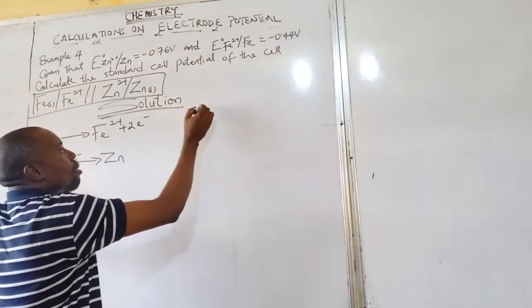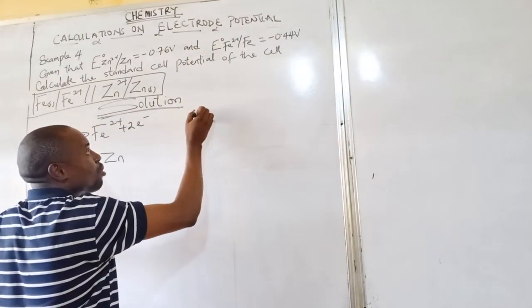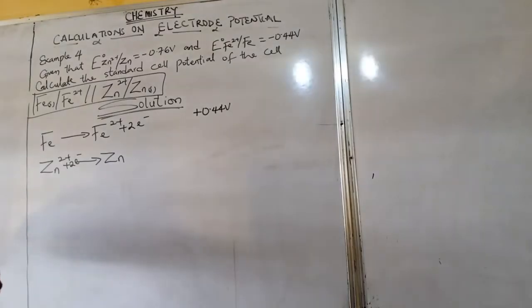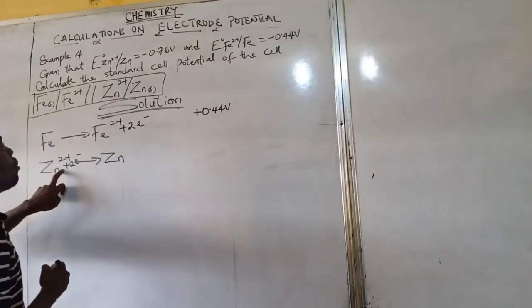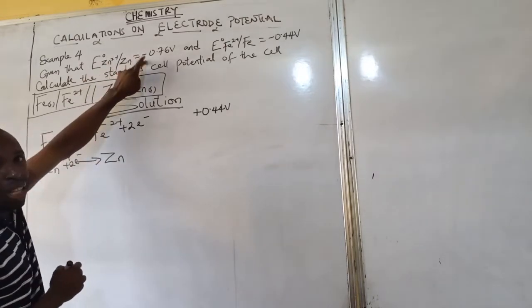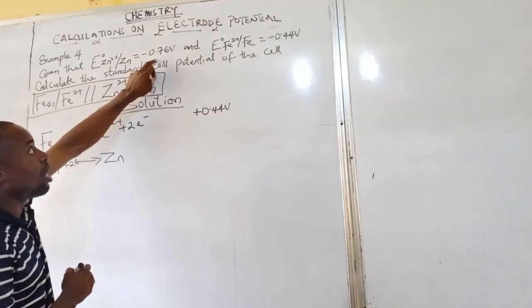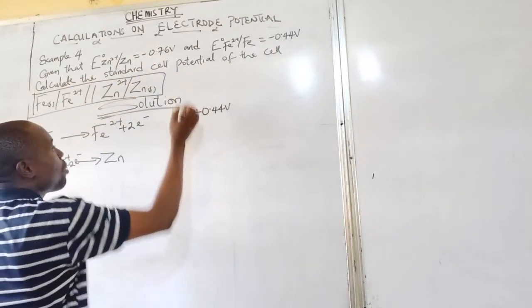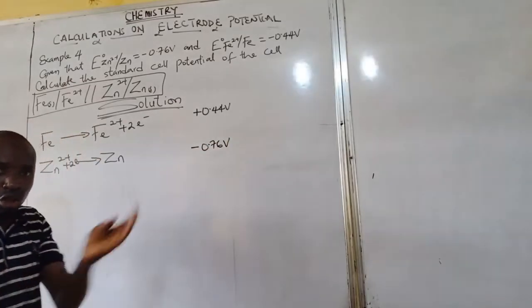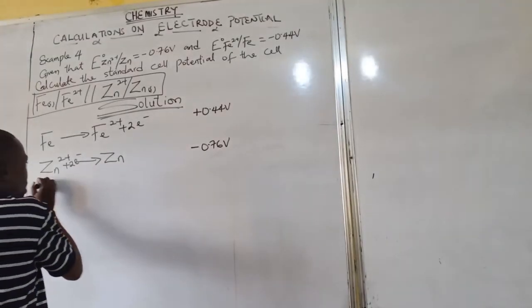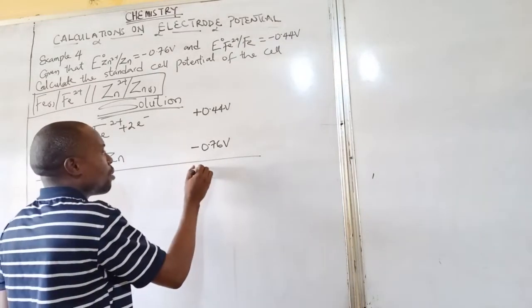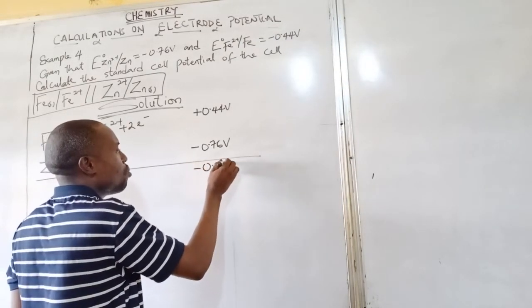So the electrode potential here becomes minus 0.44 volt. The zinc ion to zinc matches with what we're giving for the standard electrode potential, so it remains minus 0.76 volt, nothing was turned. So we just come here and the answer will give me minus 0.32 volt.